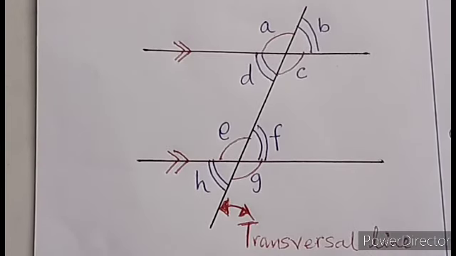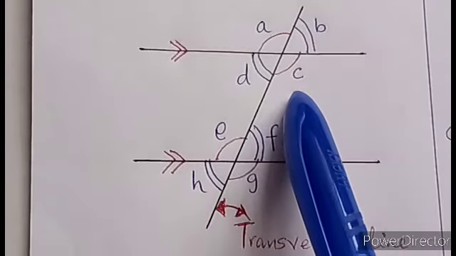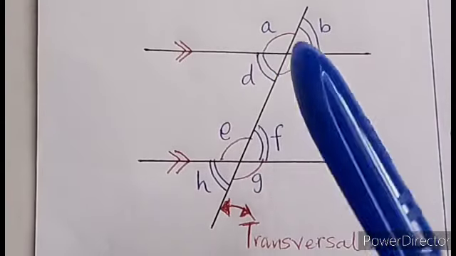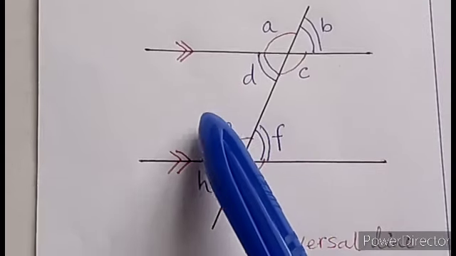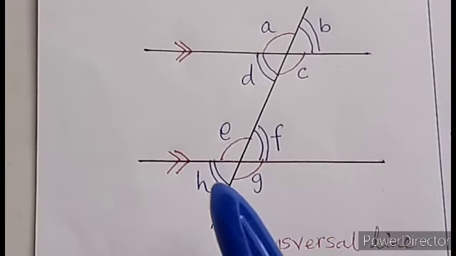Now, I want to start by explaining what vertically opposite angles are. These are vertically opposite angles. Down here, these are also vertically opposite angles.